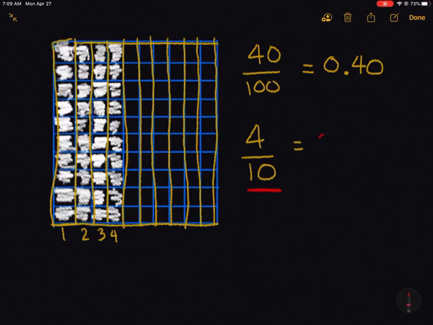So I need to make sure that the 4 is in the tenths, but I don't need to add any other number, because if I was to just read this, I would read that decimal as 4 tenths. Well, I can see that 4 tenths is equivalent to 40 hundredths.